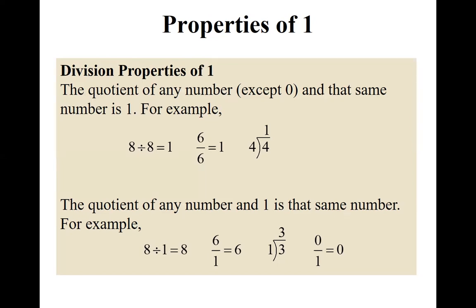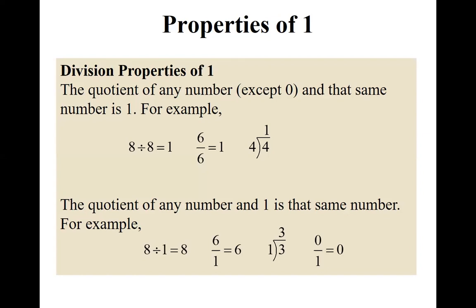That's the 3 different ways we can see division. Likewise, the quotient of any number and 1 is that same number. So a number divided by 1 is itself. 8 divided by 1 is 8. 6 divided by 1 is 6. 3 divided by 1 is 3.